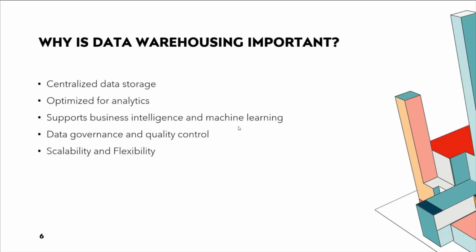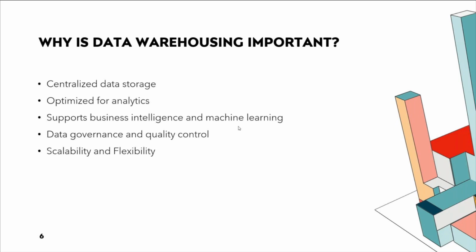Data governance and quality control help enforce not only data security and compliance, but also correctness and responsible use of data. And then particularly modern data warehouses have a big focus on scalability and flexibility.